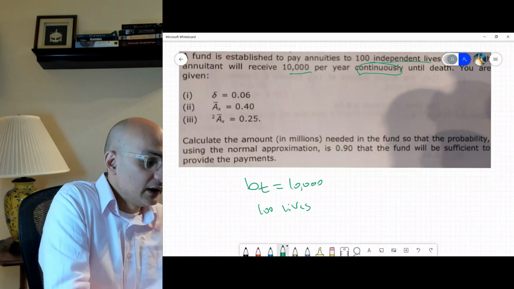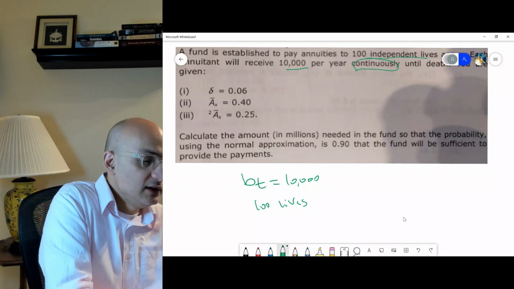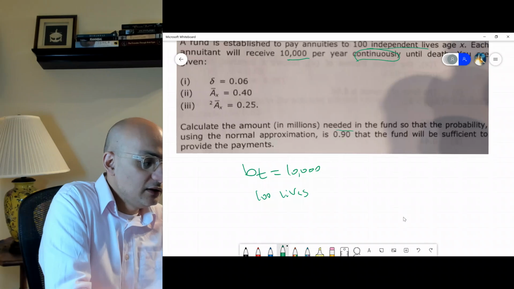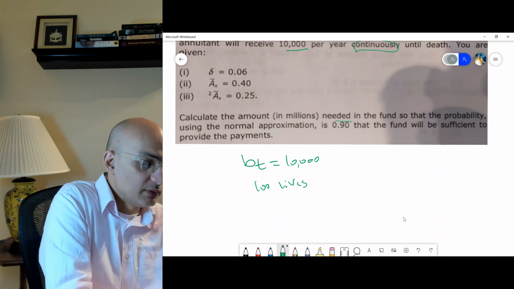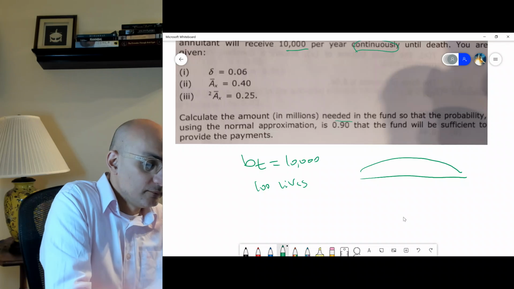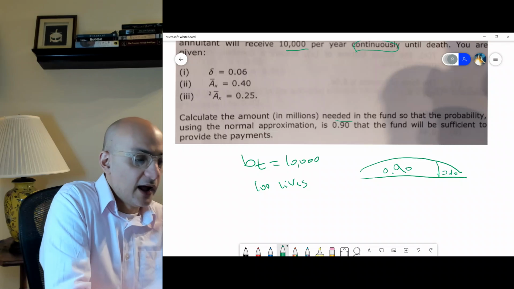We are asked to calculate the amount in millions needed for the fund so that, using the normal approximation, the probability is 90%. So we need the fund such that 90% of the time the payment will be covered, and exceeded only 10% of the time, as the riskiness measure.